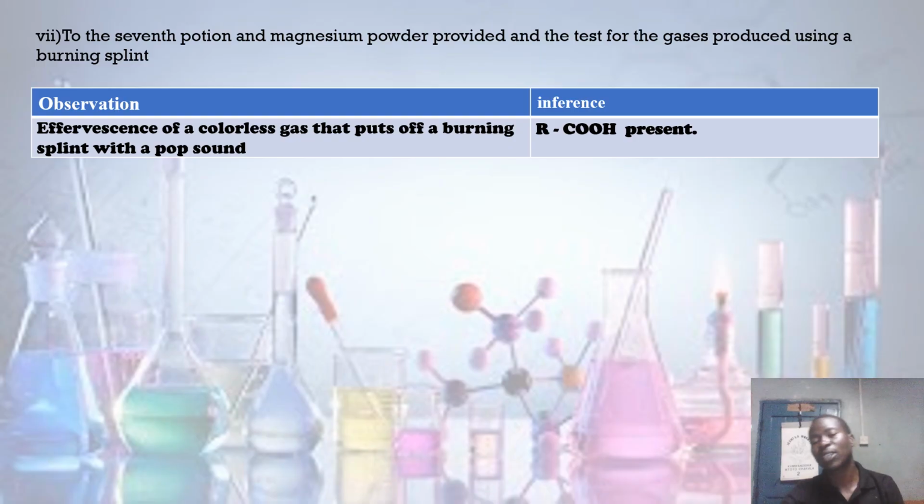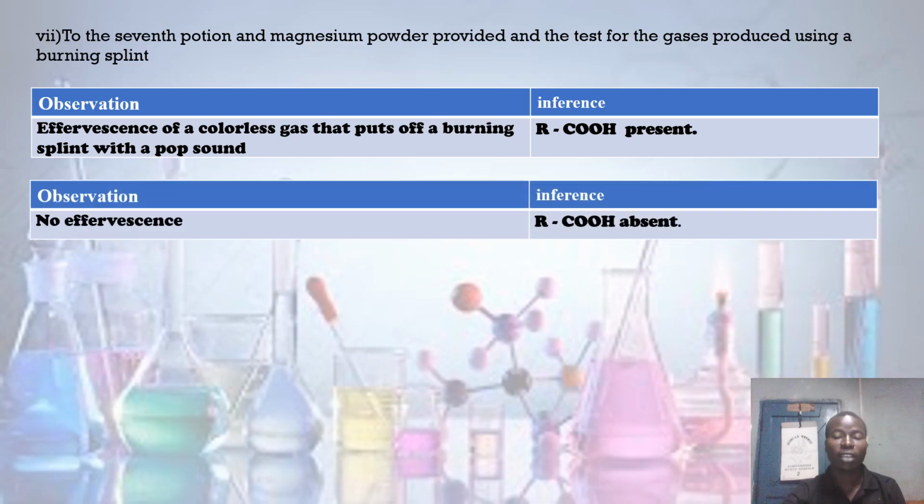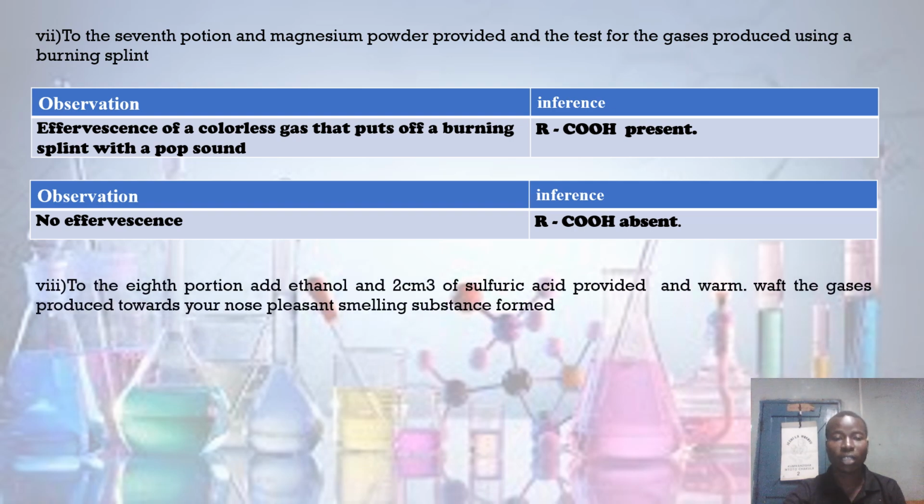So this is basically implying that when the solution is acidic, it is going to react with the magnesium powder to form hydrogen gas. It is the hydrogen gas that is burning here, and usually when hydrogen gas burns in air, it burns with a pop sound. And if you fail to see effervescence, it will mean that the RCOOH is absent.